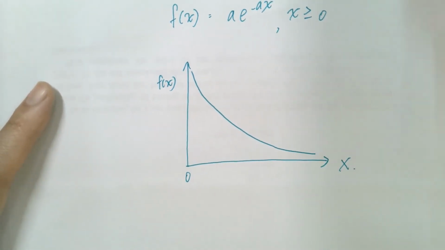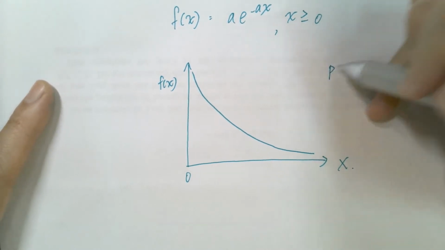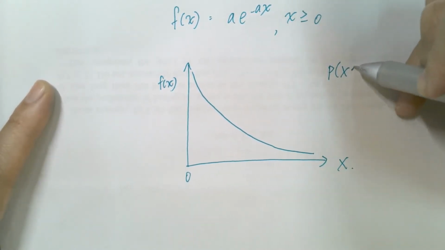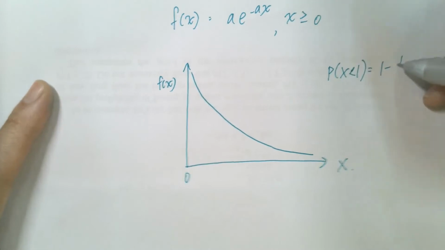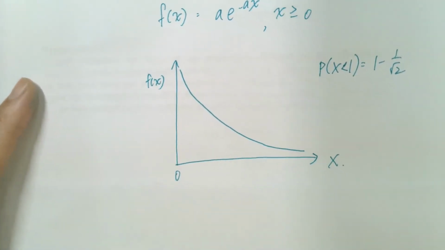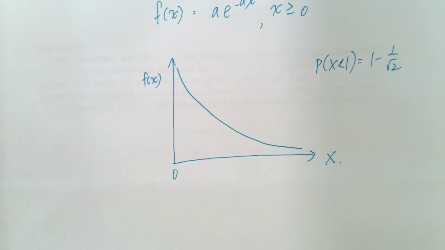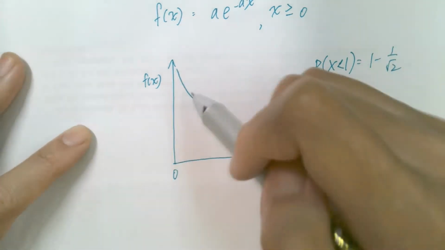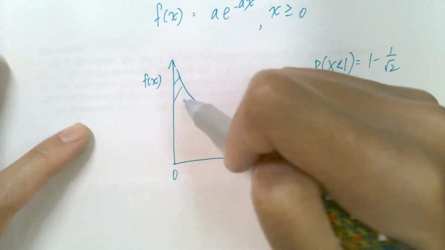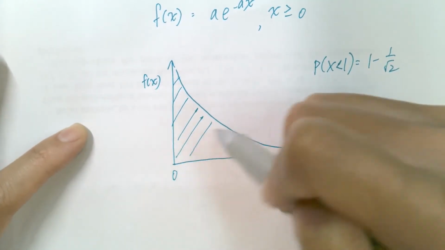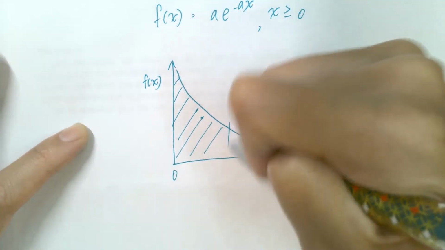So the probability of x less than 1 is 1 minus 1 over square root of 2. This is our information. On the graph, what it means is that the area from 0 to 1 is going to be this. Let's say 1 is here.